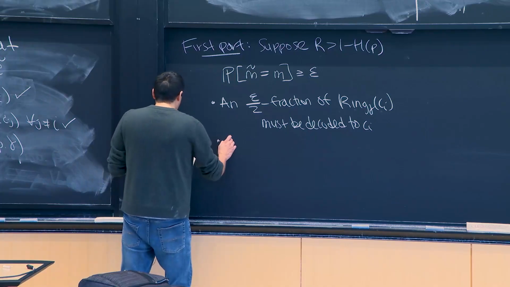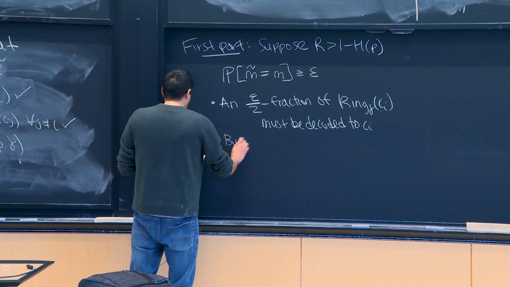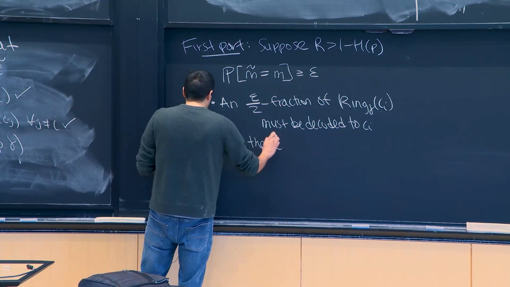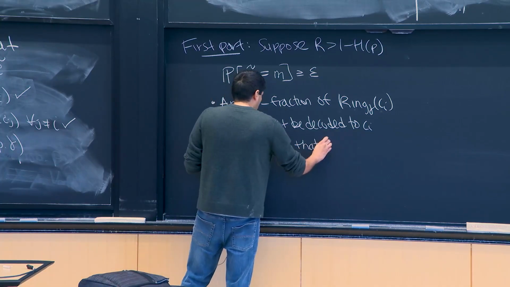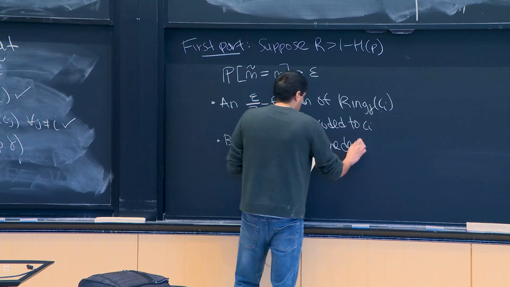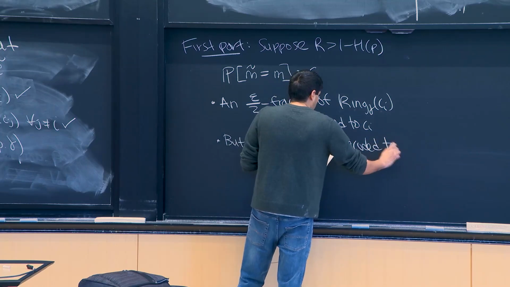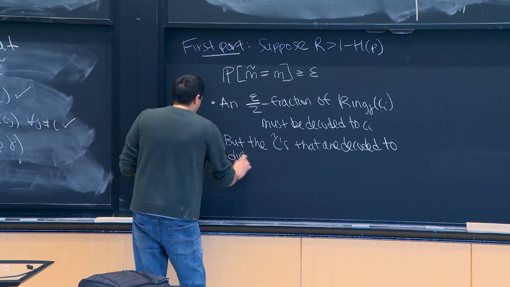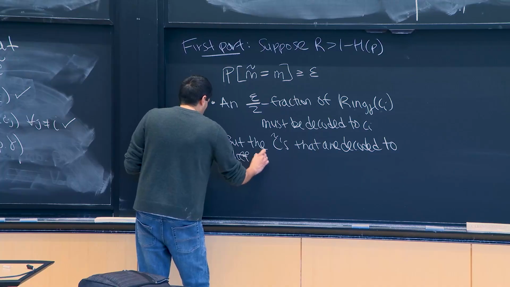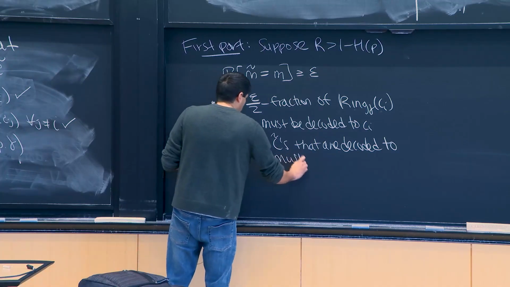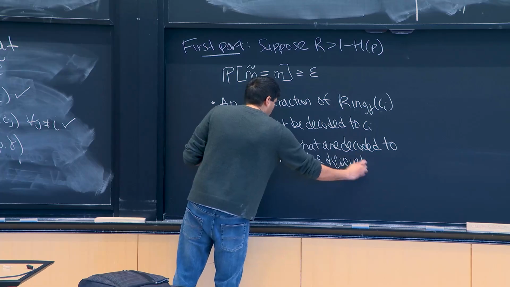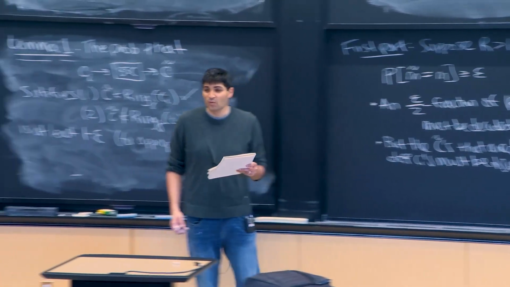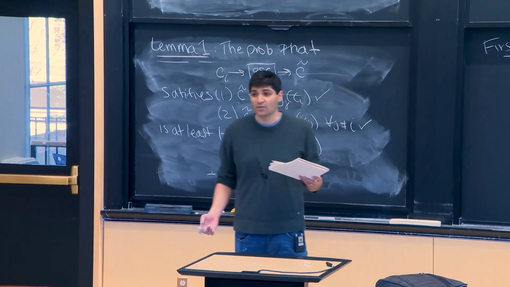But now the point is that the C tildes that are decoded to different Cis must be disjoint, because your decoding function has to map you to a unique original message.